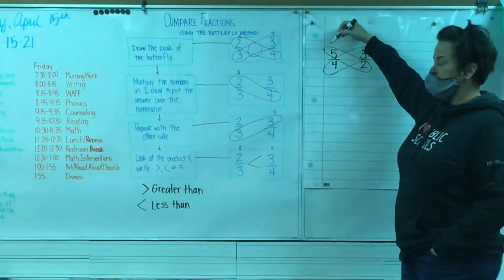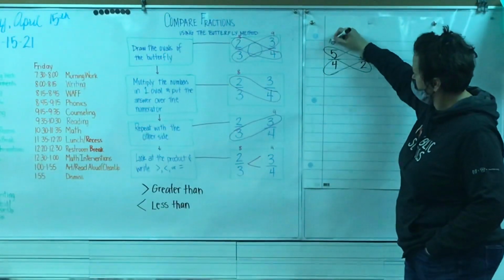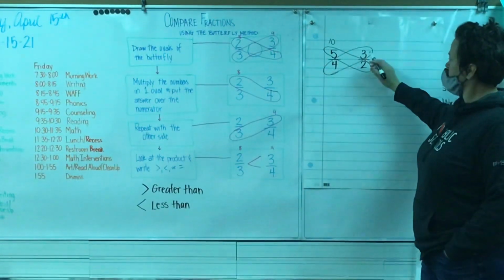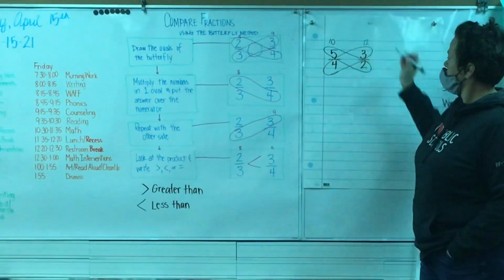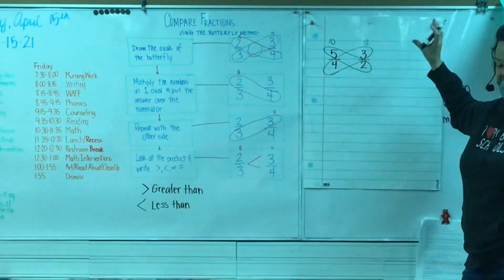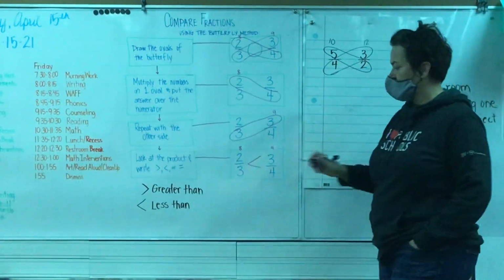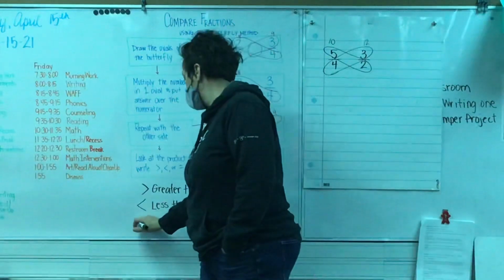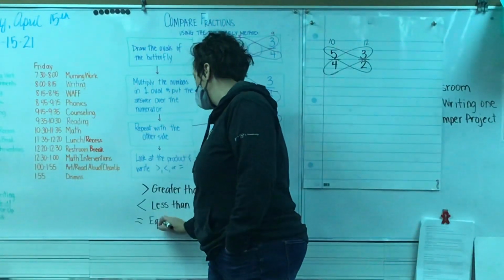Okay, friends, 5 times 2 is 10. 4 times 3 or 3 times 4 is 12. Okay, so I have 10 and 12. Is 10 greater than 12, less than 12, or equal to 12?